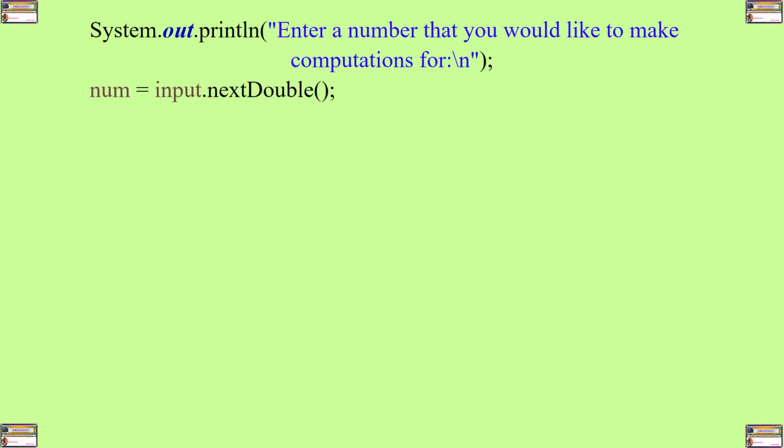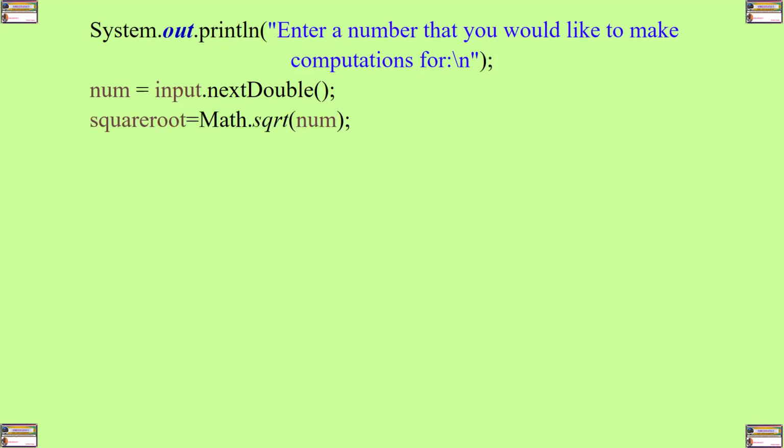From there, you enter a value, and this value is of type double, so it's a number with a decimal point. That number will be read using the method nextDouble, the method for reading a value of type double through the object called input, and that value will be assigned to the memory location called num.